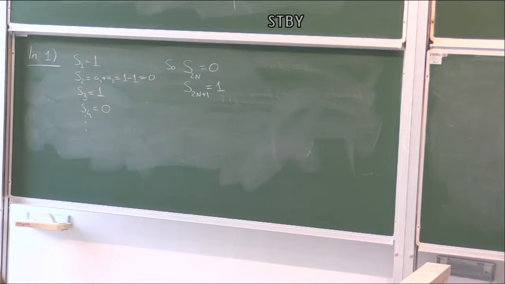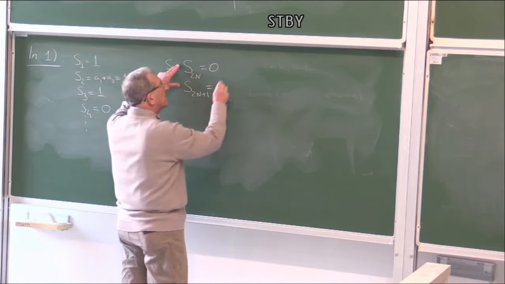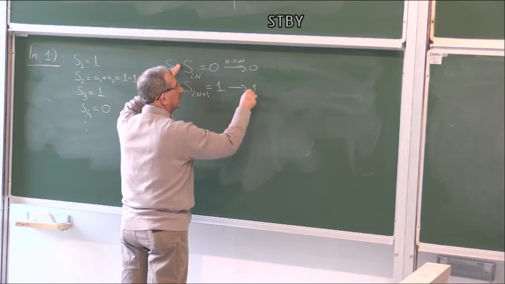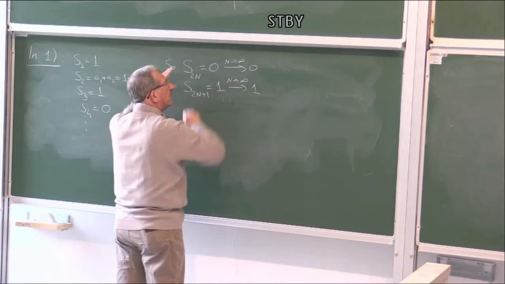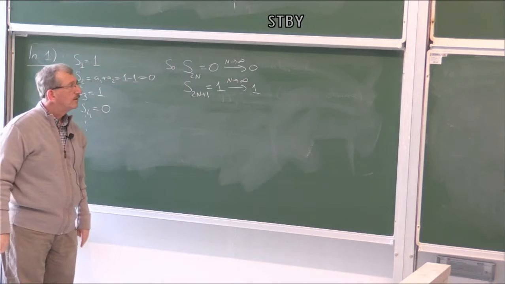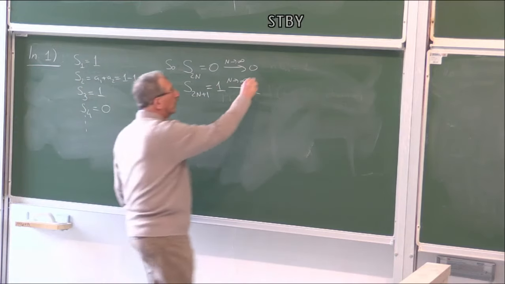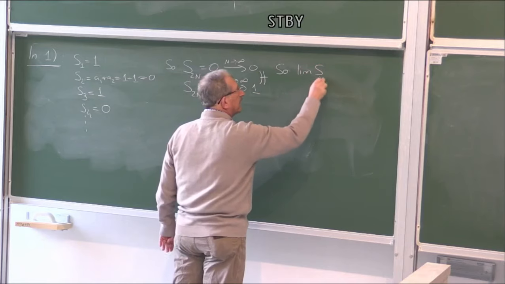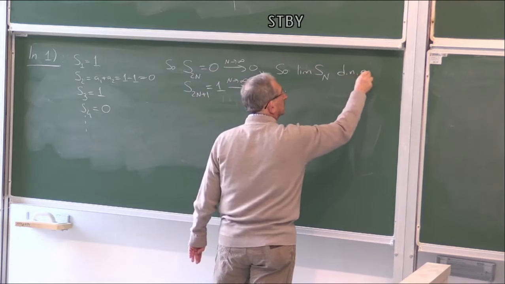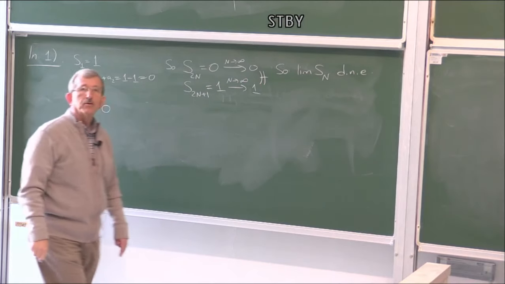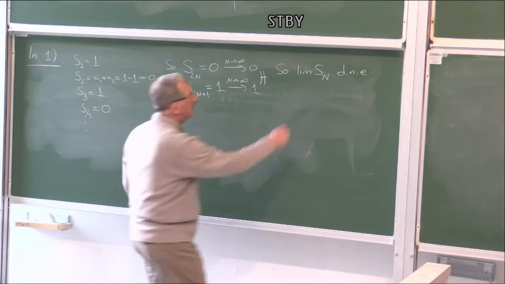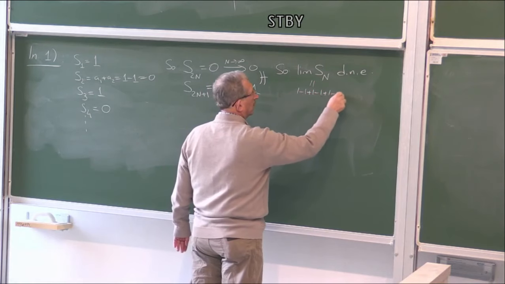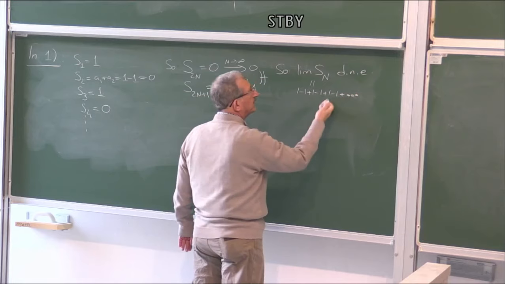Now, because these are constant sequences, their limits when n goes to infinity are themselves the constant value, and they are not equal. This means that the limit of Sn does not exist. Equivalently, this does not exist.